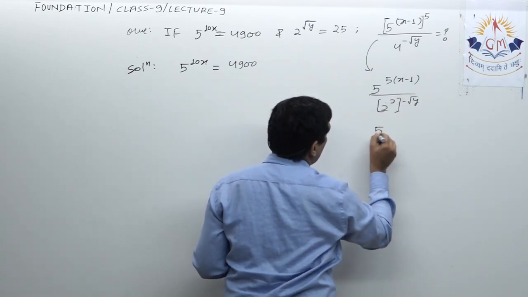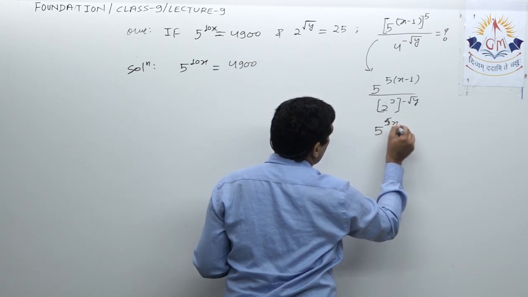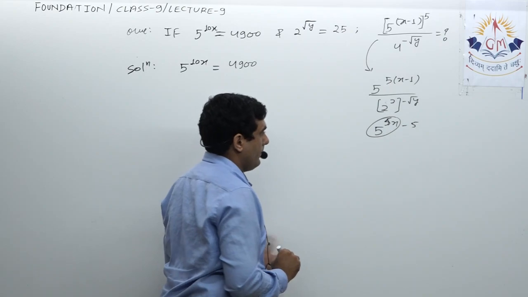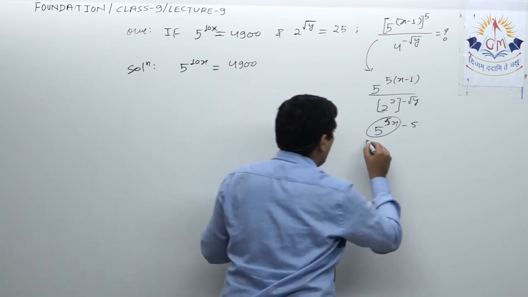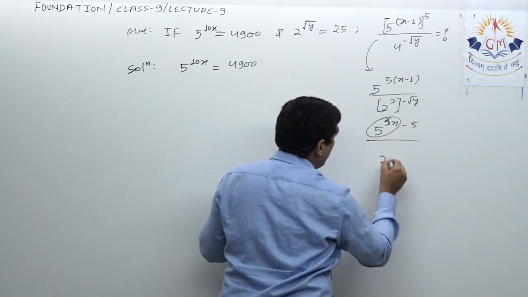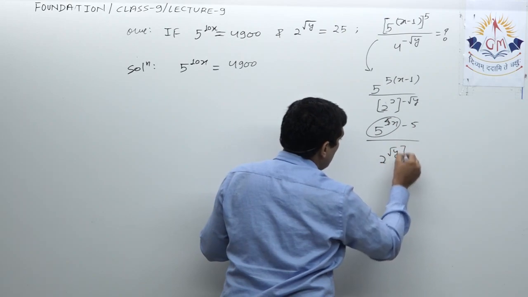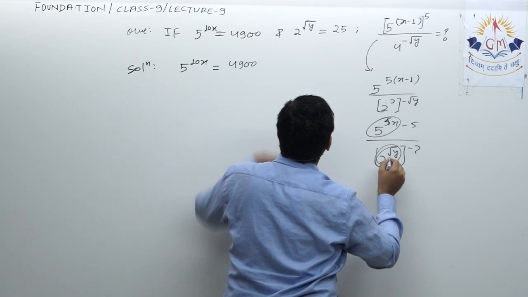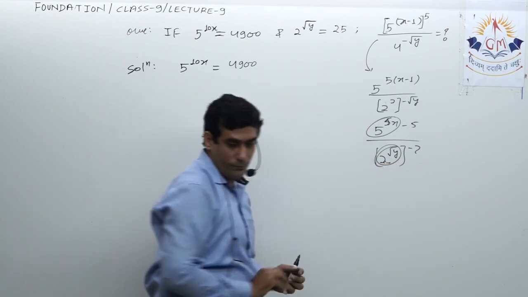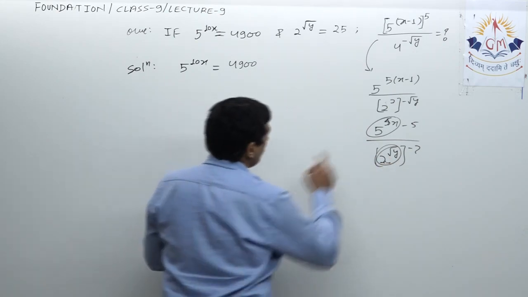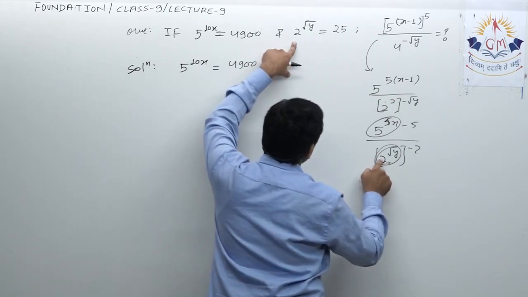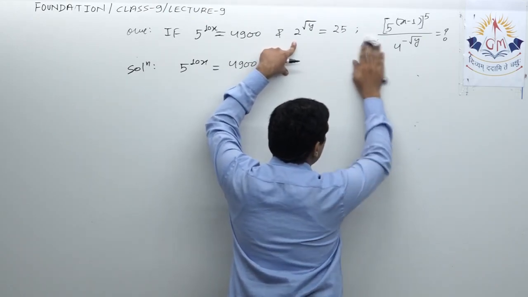So actually we need the value of this, and the denominator is 2 raised to root y raised to minus 2, and this value we have directly. So our target is to get the value of 5 raised to 5x only, and 2 raised to root y is given already to us.